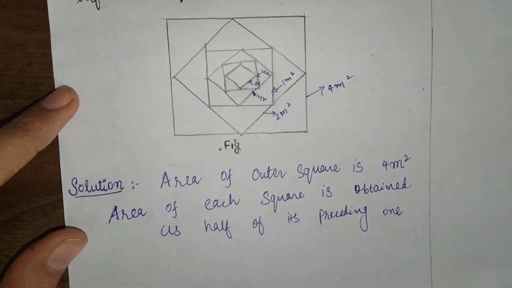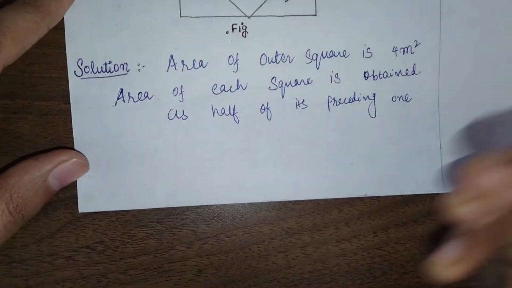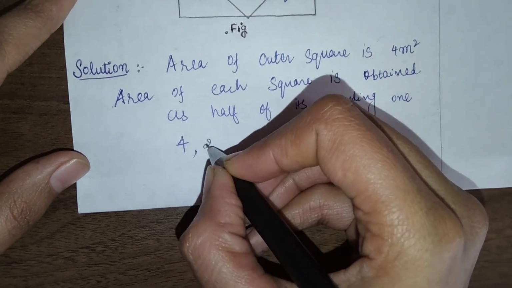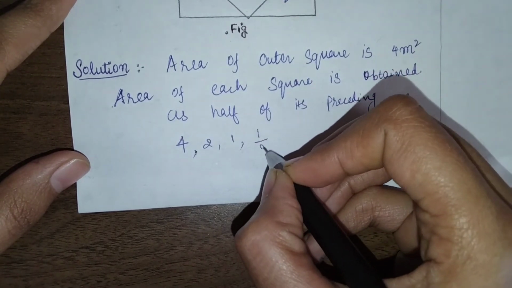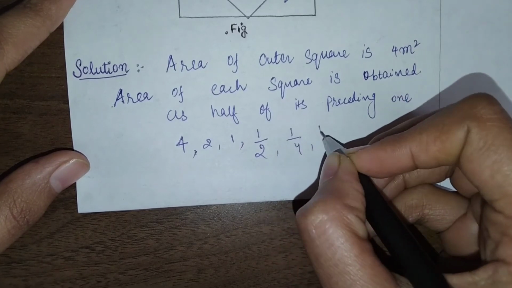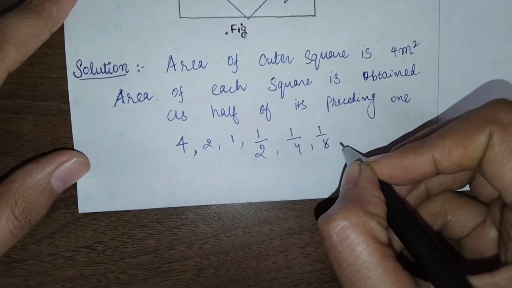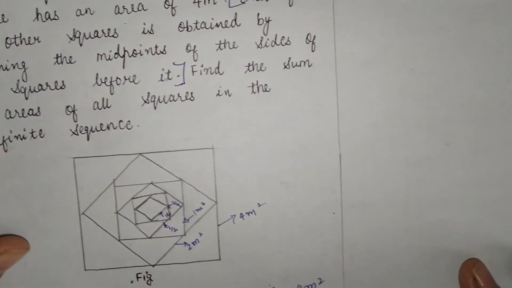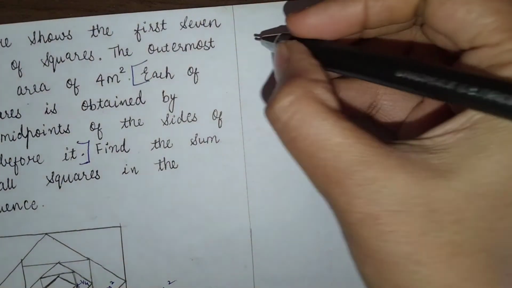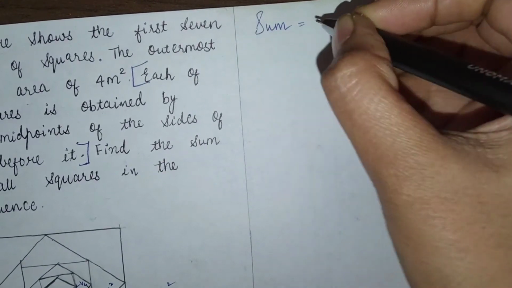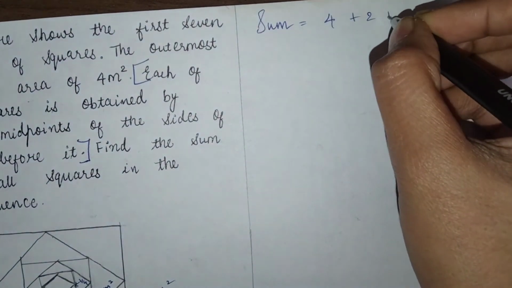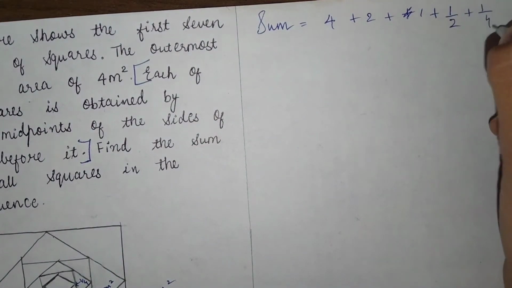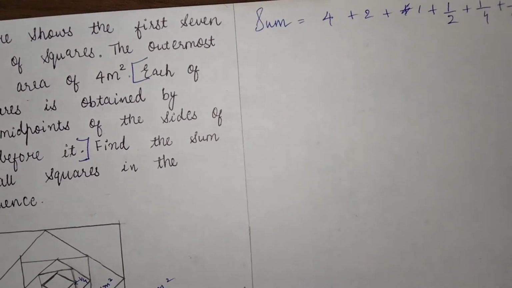Okay, so we can write it as: our first square is 4, then the second square is 2, then 1, then 1/2, 1/4, 1/8, 1/16 and so on. And if we want to find the sum of the series, then we can write sum equal to 4 plus 2 plus 1 plus 1/2 plus 1/4 plus 1/8 and so on.